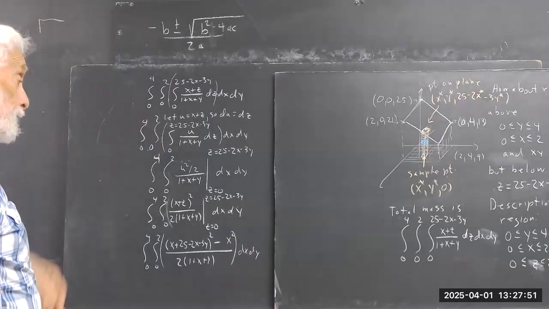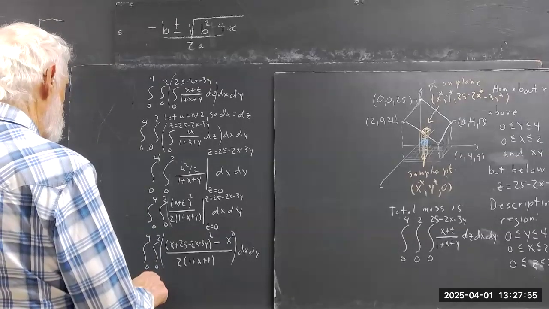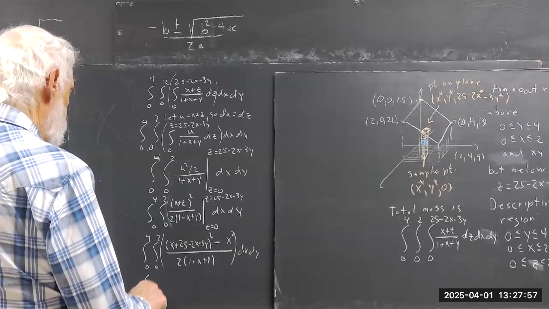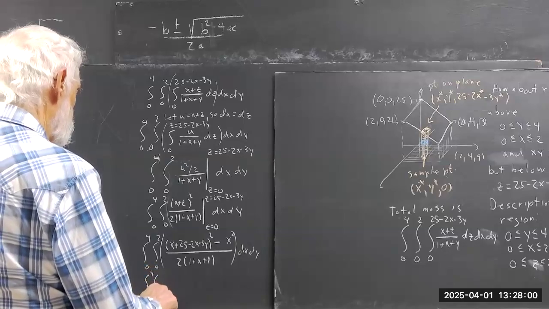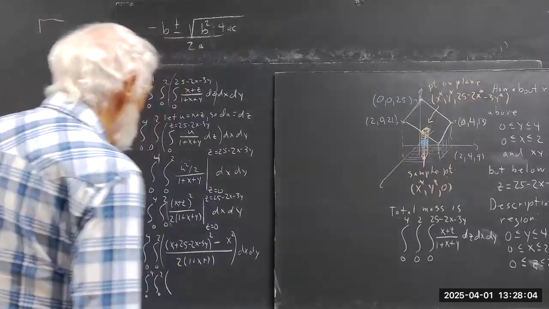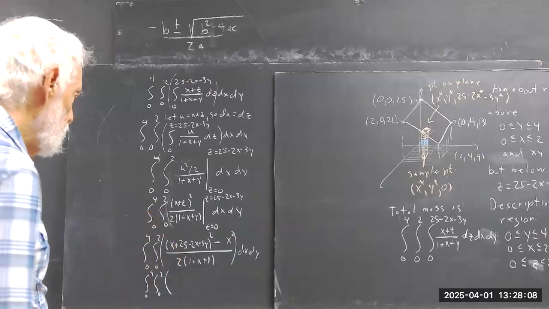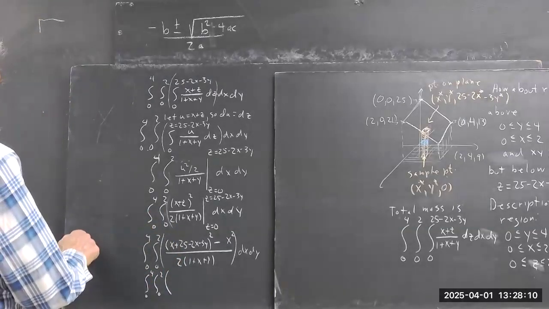So this is getting to be a little bit of a mess. That's going to give me the integral from 0 to 4 of the integral from 0 to 2 of, let me do a little calculation off to the side.